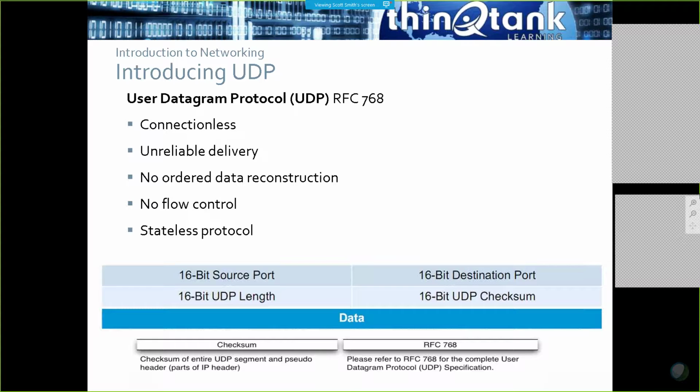We don't establish a connection with the destination, so there's no guaranteed order of delivery. There's no guaranteed delivery at all because the receiving host does not acknowledge the receipt of information. No flow control. It's stateless, all right? But there are reasons why TCP would be used over UDP.